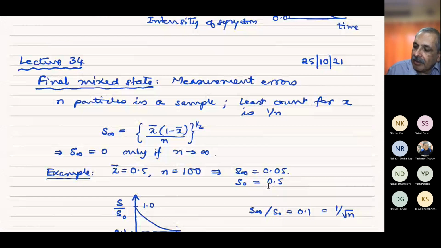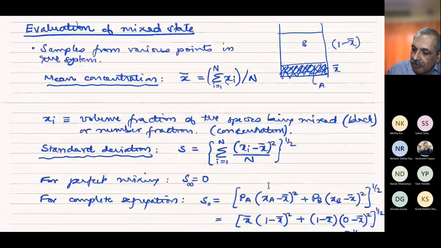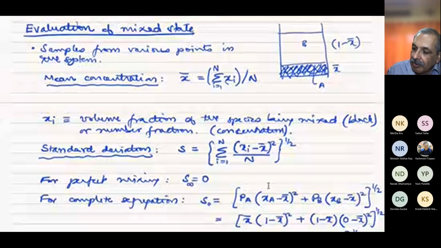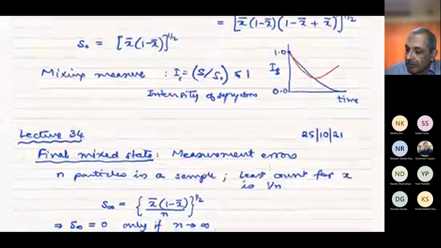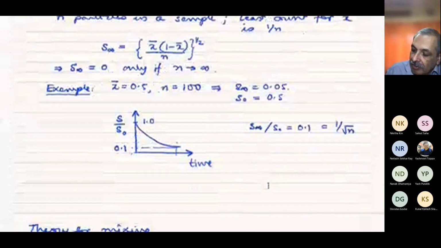So then, supposing you want to describe the mixing, you can say that this is like a black box approach. We are not bothered about how the mixing is taking place, but only at a given time we are taking samples and then saying, okay, things are mixed or not mixed.